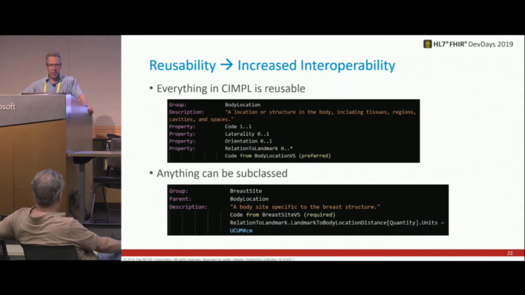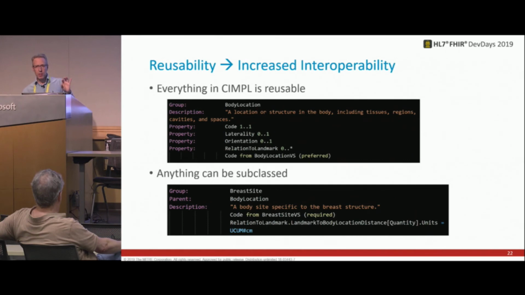So basically everything you build in CIMPL is reusable. If you build a description of body location, and here we've described body location with a code, a laterality, orientation, and relation to landmark, or multiple relations to landmarks, this segment can be reused anywhere you have a body location. And it can also be subclassed.